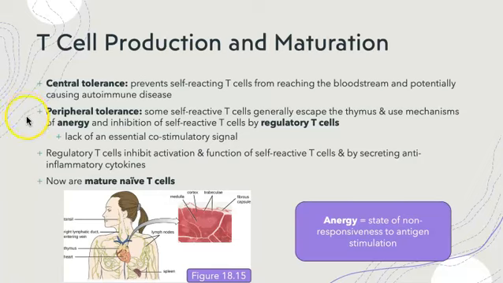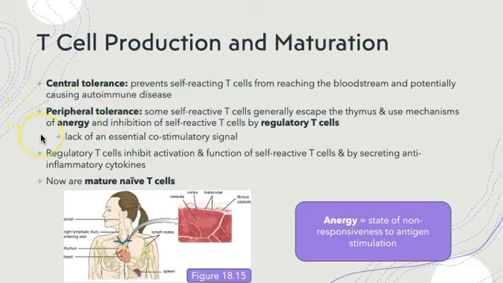Now, some of those self-reactive T cells are able to make it through and somehow escape the thymus, and we are able to use mechanisms of anergy, which is going to be our state of non-responsiveness to antigen stimulation. And we use inhibition of self-reactive T cells by the use of our regulatory T cells to achieve what's known as peripheral tolerance.